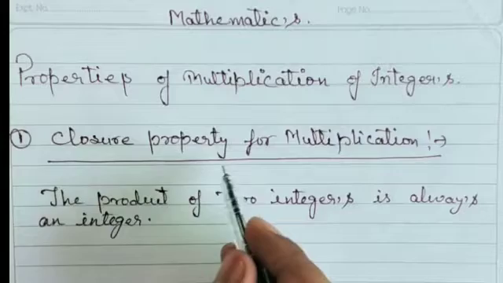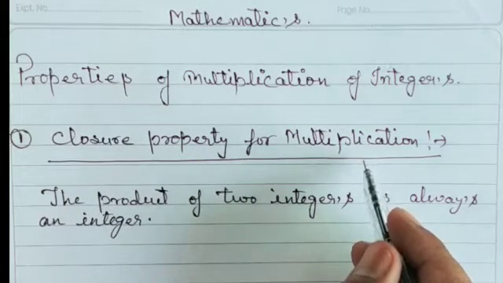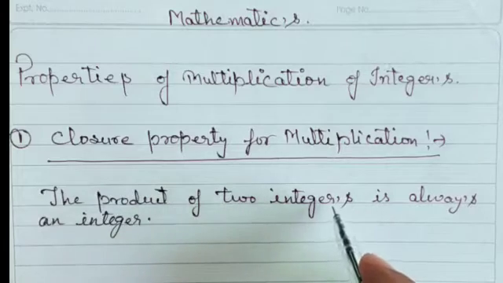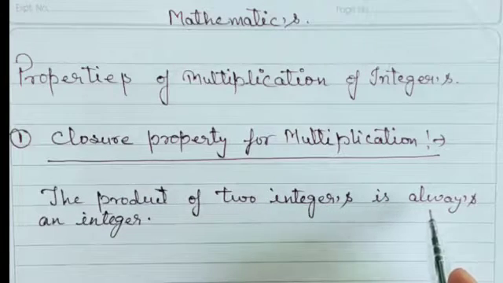So, closure property for multiplication: what is this? The product of two integers is always an integer.